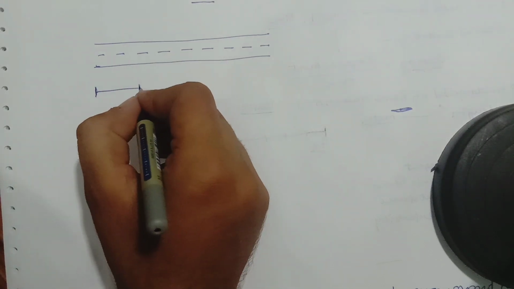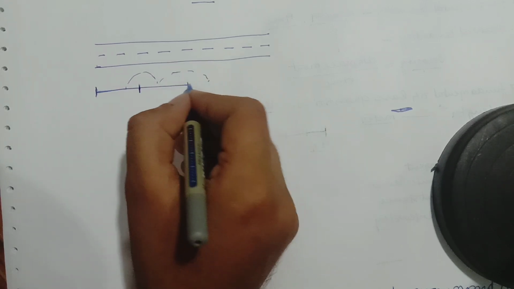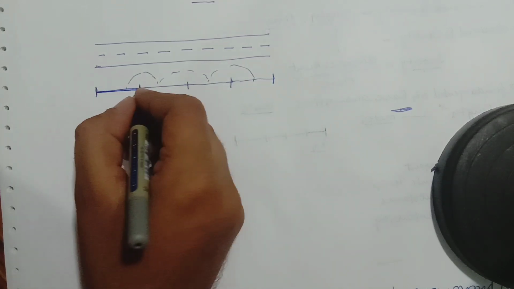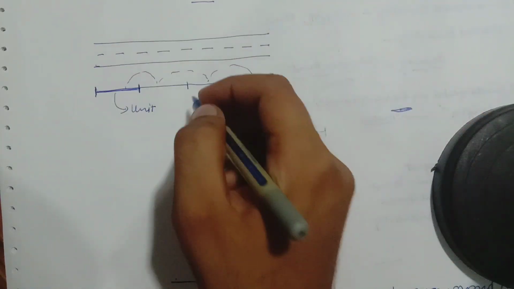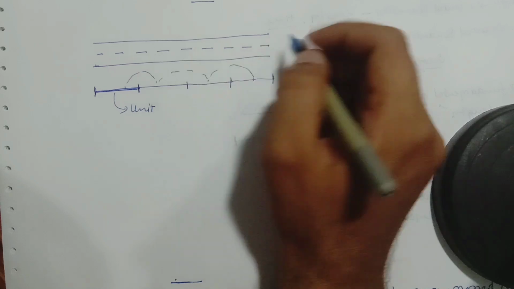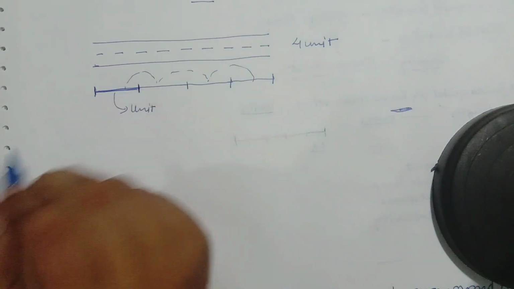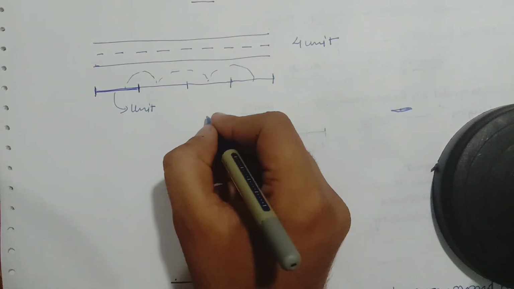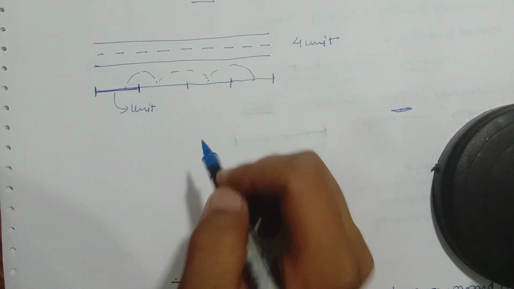If I repeat this length over and over again, like let us say it is repeated over 4 times, then I can say the length of the road is equivalent to 4 units of this length. So to measure every physical quantity, we need a unit which is used as a reference.